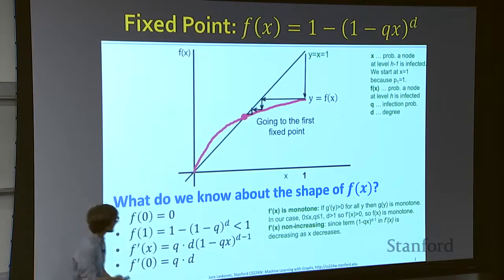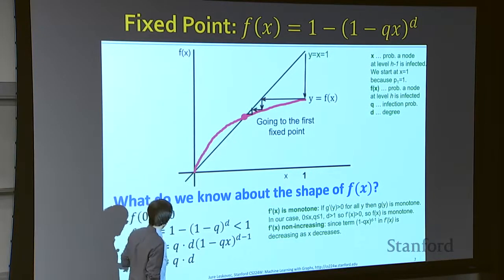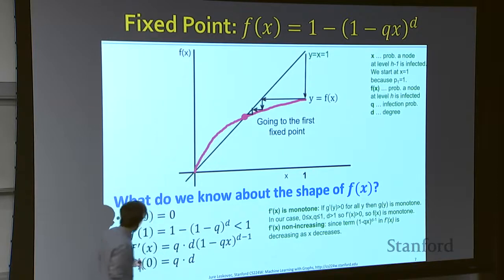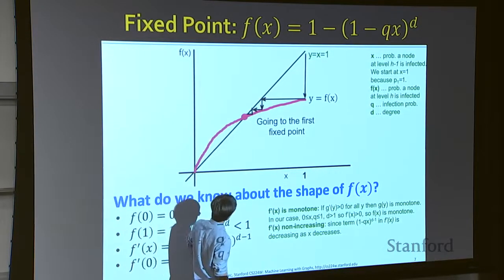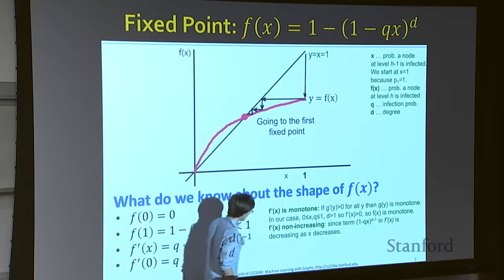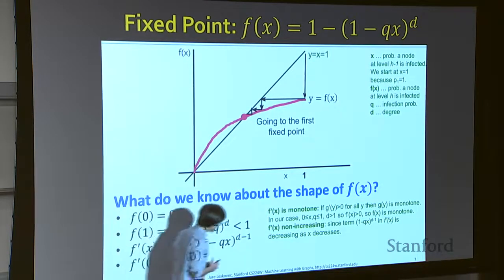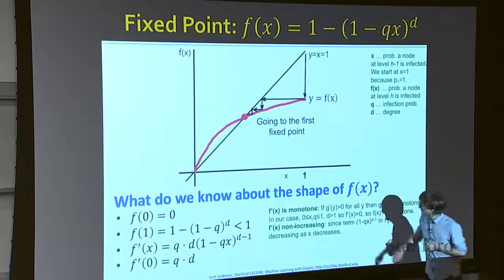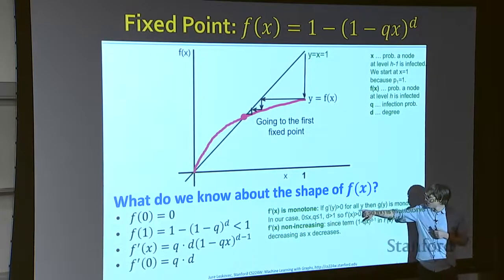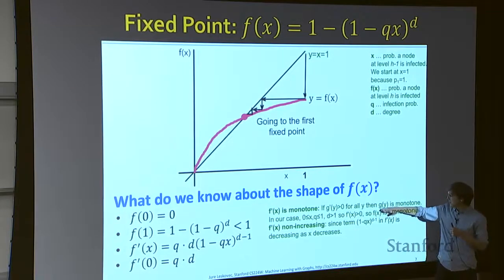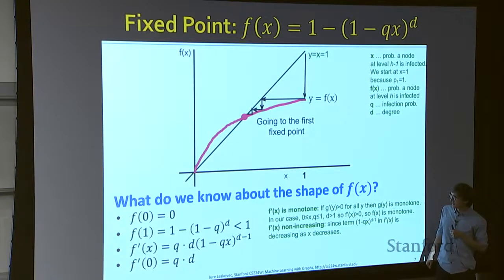So the first thing this tells me is that my function is monotone. The reason it is monotone is that if the derivative of a function is greater than 0 across its domain, then that function is monotone.